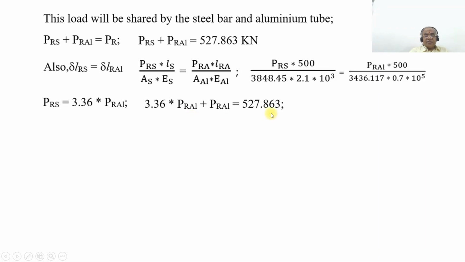Therefore, on simplification, PRAL is 121.07 kN. So what is the remaining load of the steel?